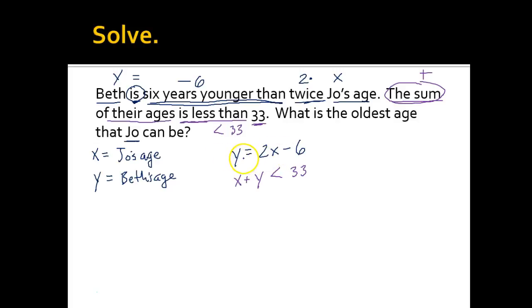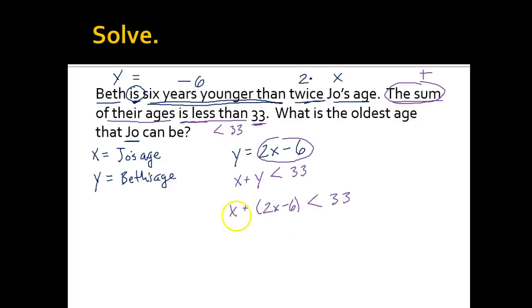We are going to use the substitution method, so we're going to take our second equation, x plus y is less than 33, and substitute in place of y what y equals, 2x minus 6. So we'll write 2x minus 6 there.